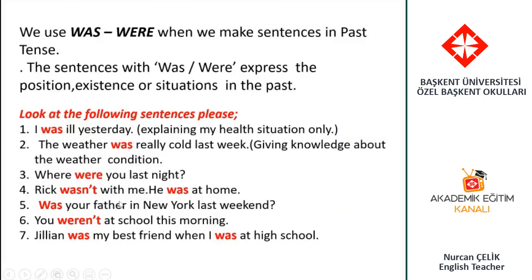Also, we're talking about father's existence in a city, but not what he did. You weren't at school this morning. Again, we talk about your existence at school. Jillian was my best friend and I was at high school. And in this sentence also, we're talking about Jillian's situation and her existence.